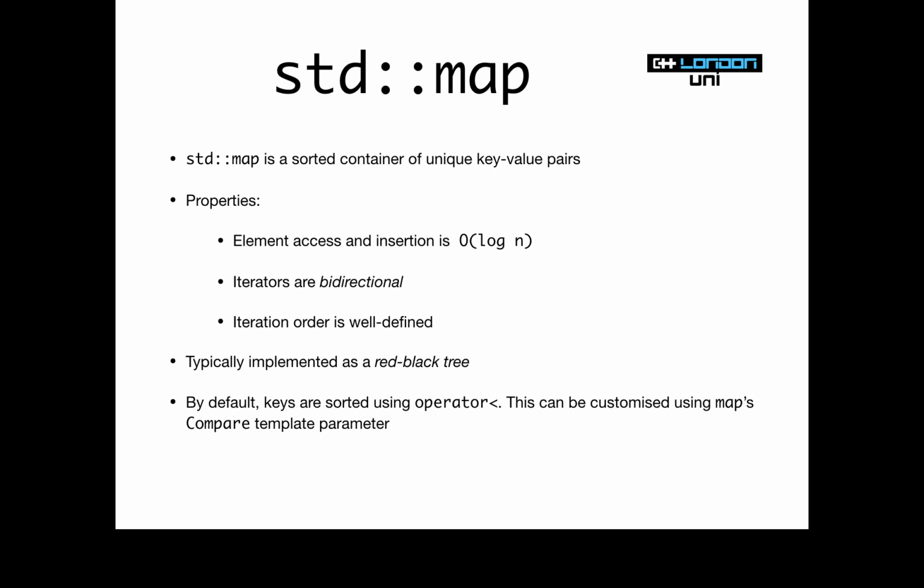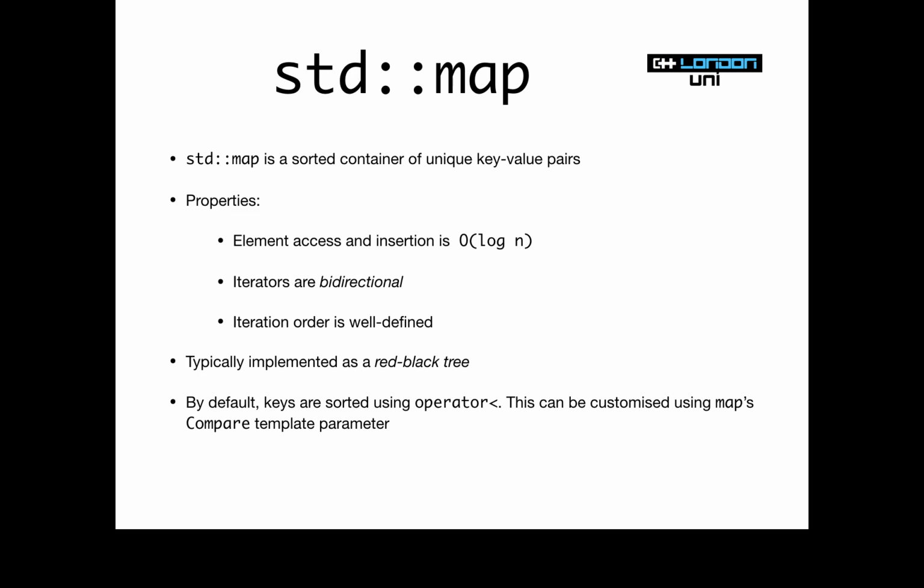So keys are sorted using operator less by default. So when you said not every type can be a key, that is true. It needs to have a less than operation defined on it. It needs to have some way of saying, I can order these keys in some way.